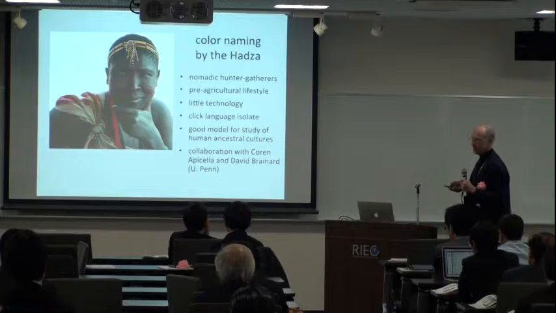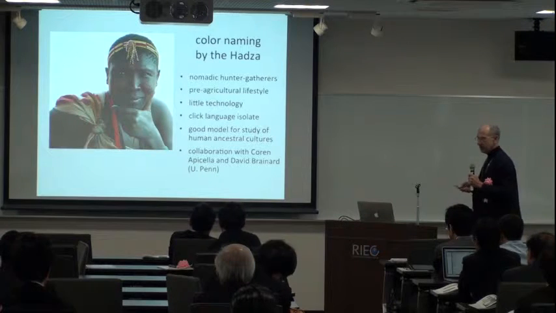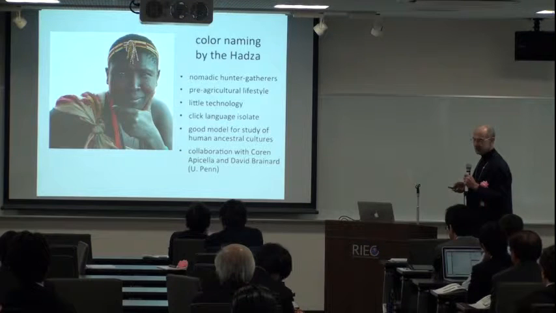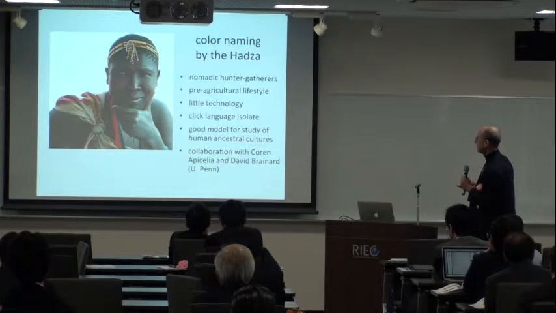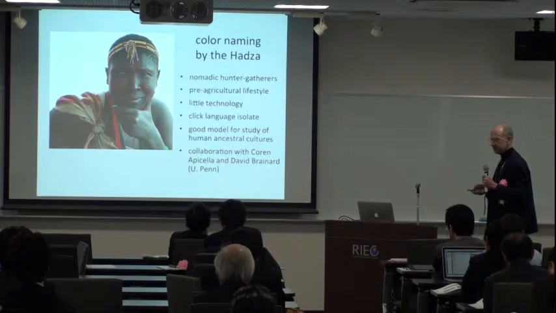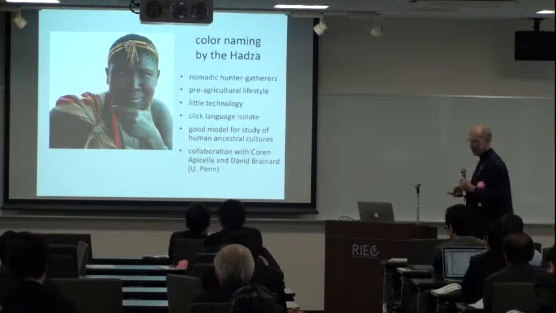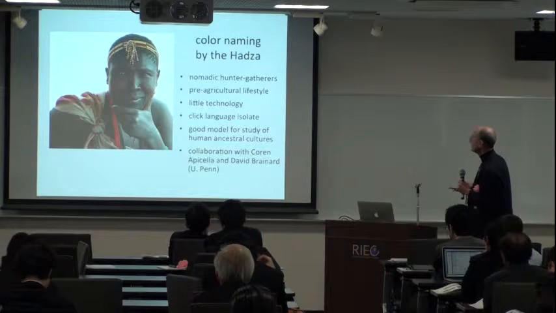And a couple of years ago, we had the opportunity to study color naming in a group of nomadic hunter-gatherers known as the Hadza. They live in Tanzania, in Africa. They are nomadic and therefore have very little in the way of technology. Basically everything that they own, they carry on their backs from one encampment to the next.